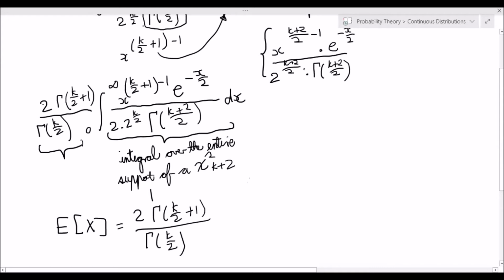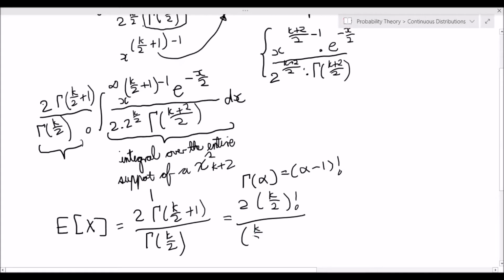And let's remind ourselves, if we have some number alpha, an integer for example, of gamma of alpha, that is simply equal to alpha minus 1 factorial. So that means that our numerator becomes 2 times k over 2 factorial, and our denominator becomes k over 2 minus 1 factorial.